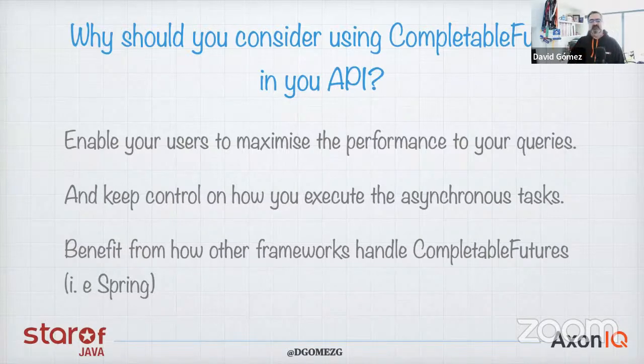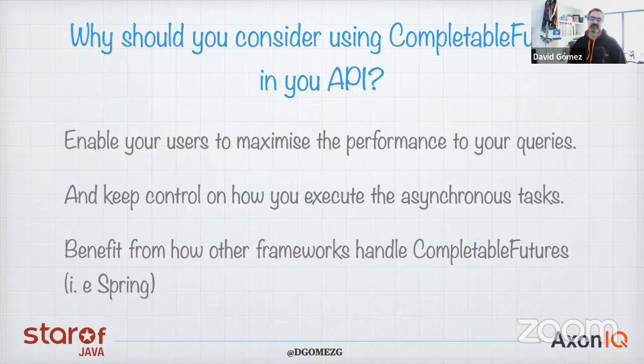If you are writing a library, you could also consider returning completable futures from your methods, because that way you could enable your users, the developers that are going to use your framework or library, to change this method and get all the benefits of using completable futures, while you, as the author of the library, keep control on which executor service, the thread pool, is going to be used to execute your task.